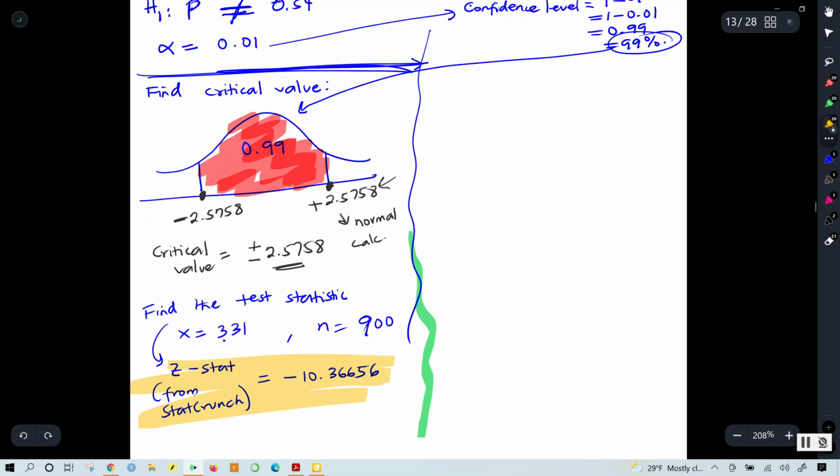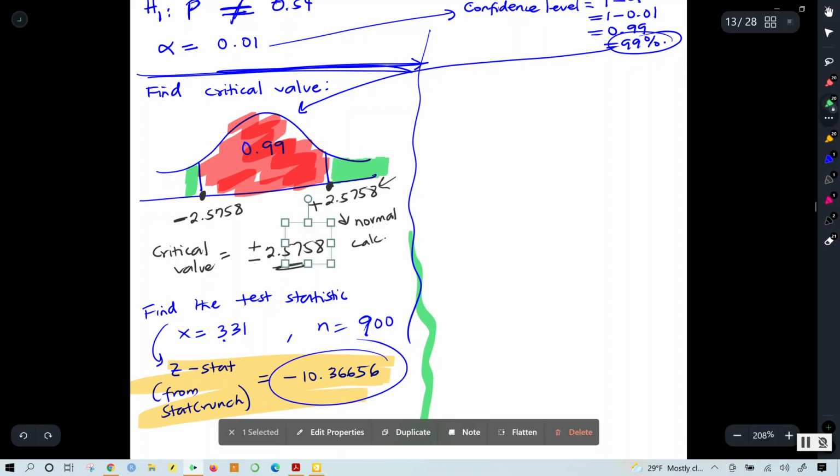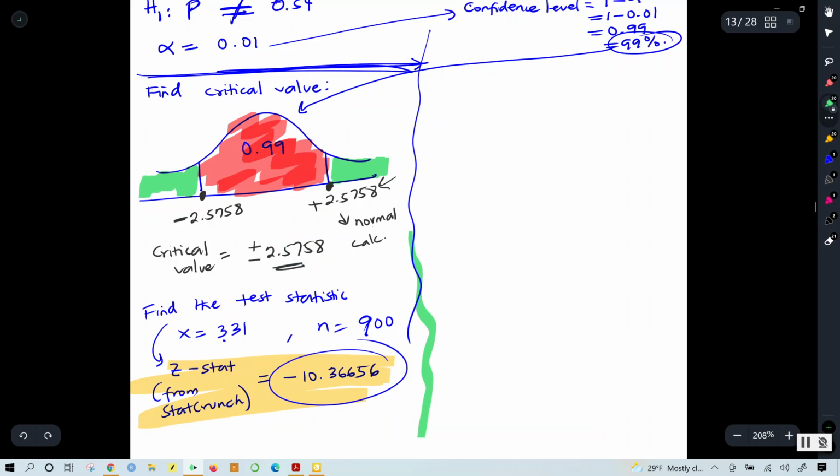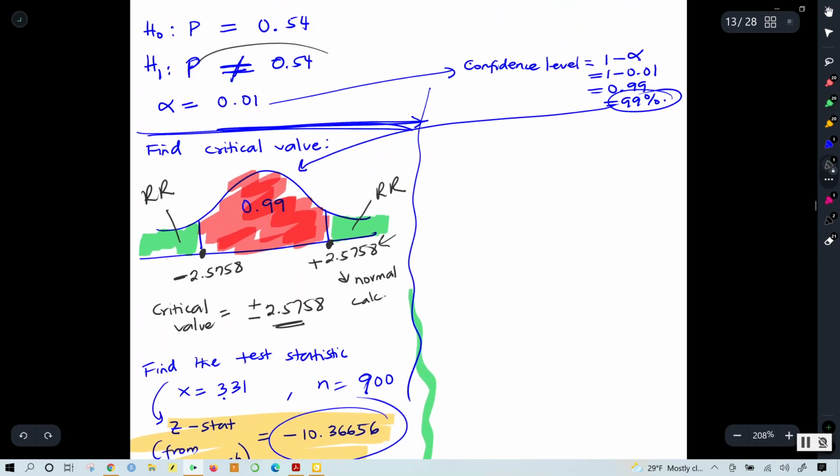So what am I going to do with this test statistic? I need to check where it falls. Remember, all regions to the right and to the left in this case, this would be my rejection region and my other rejection region. Why? Because this is a two-tailed test, as you might recall.